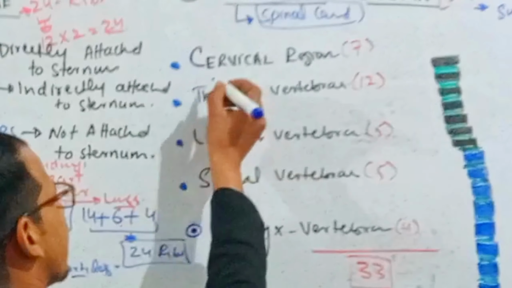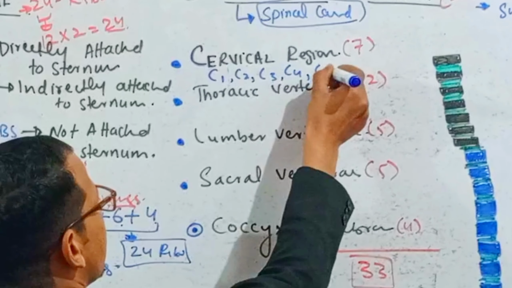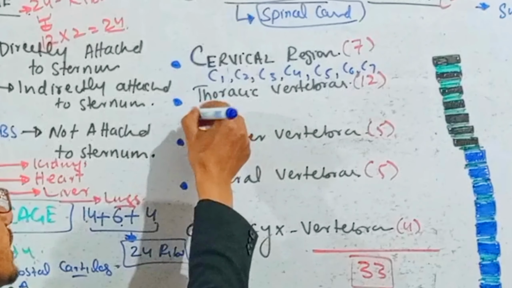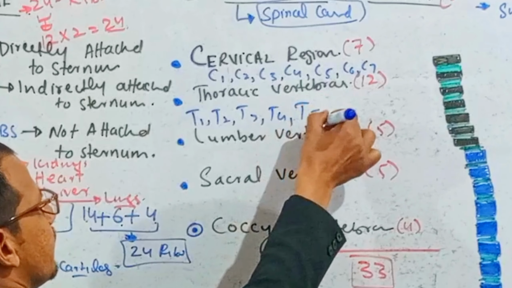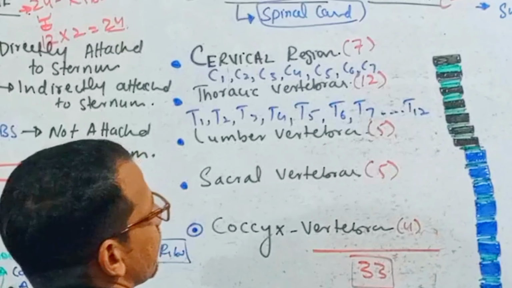For example, the cervical vertebrae are C1, C2, C3, C4, C5, C6, and C7. The thoracic vertebrae are T1, T2, T3, T4, T5, T6, T7, up to T12. Right?